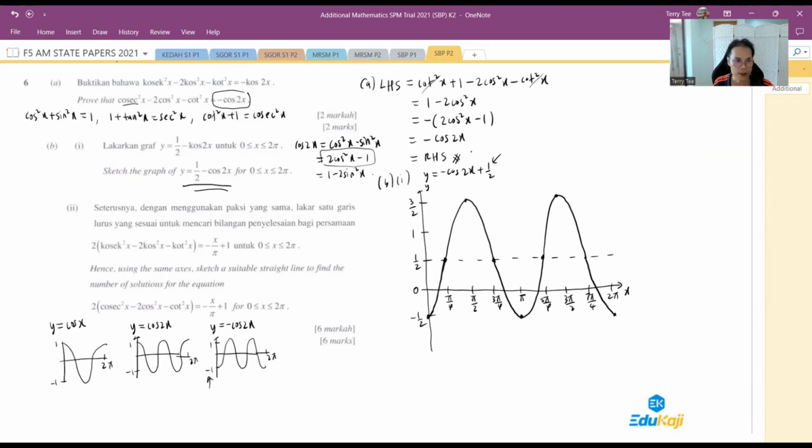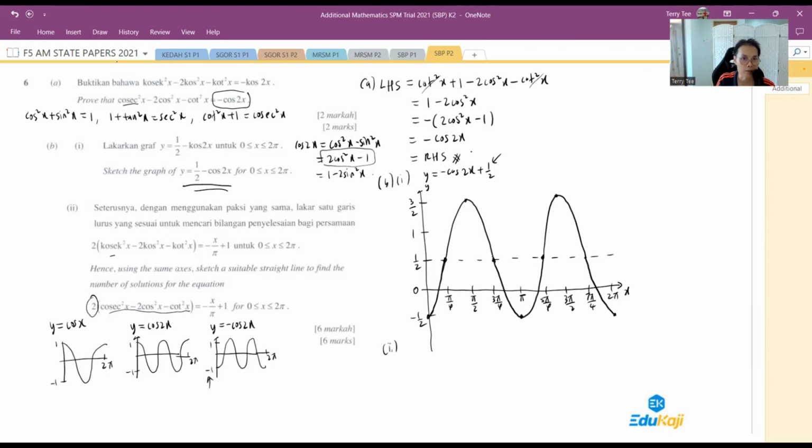So for your straight line, we want to use this result. See this? 2 cos square x minus 2 cos square. Can you see that there's a 2 outside, right? So this is part B Roman 1, and B Roman 2 over here. I'm going to start off by taking the result from the first part.